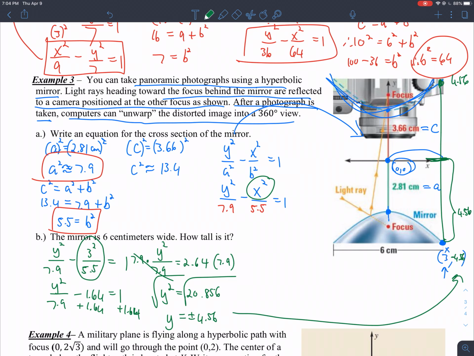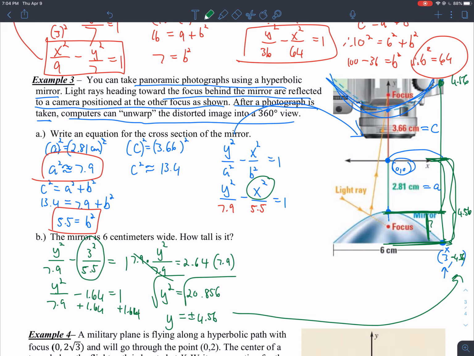But that was not the question. The question was how tall is the mirror itself? Just this part. What is this distance? That was the question. So now what we have is the total distance from the x-axis to the point, and we know that the distance from the x-axis to the vertex is 2.81.